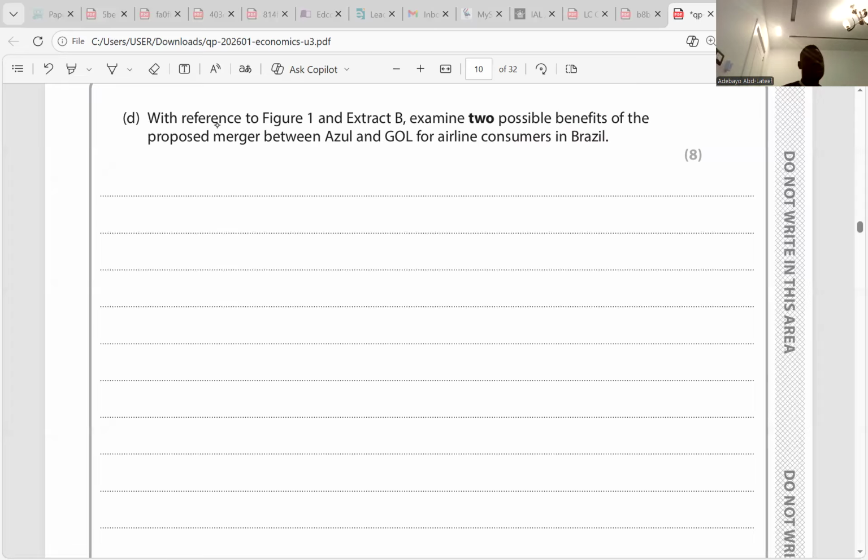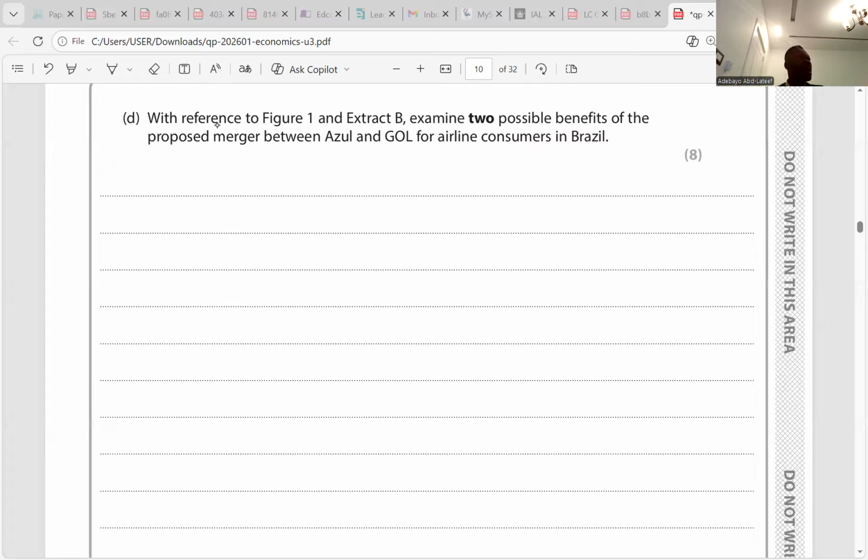Now, you missed the question. The question says, with reference to figure 1 and extract B, examine the possible benefits of the proposed merger between Azul and Gol for airline consumers in Brazil. So most of what you have to talk about is related to consumers.